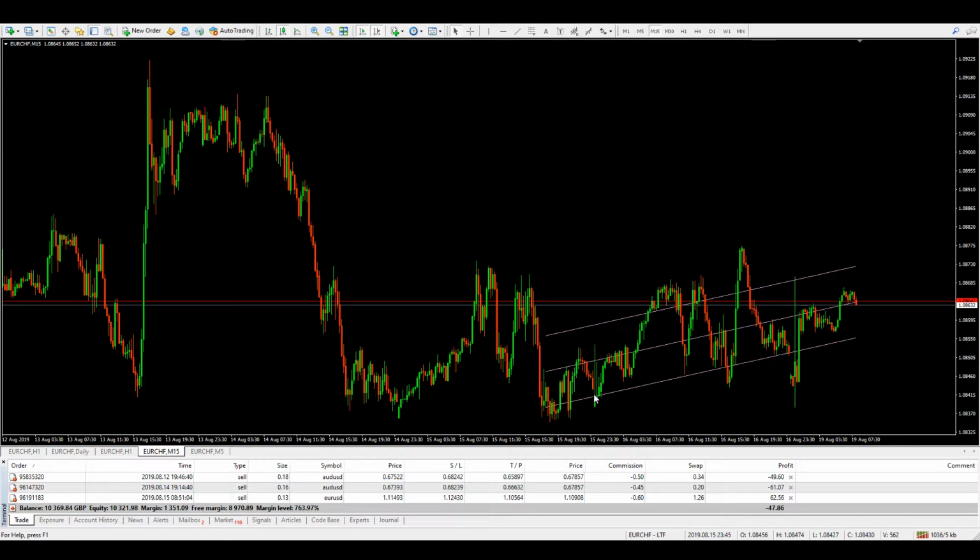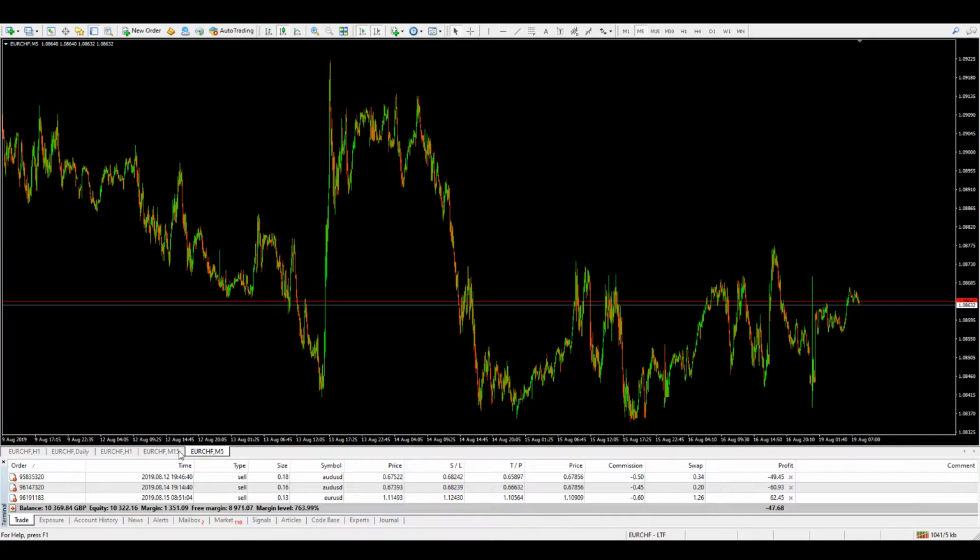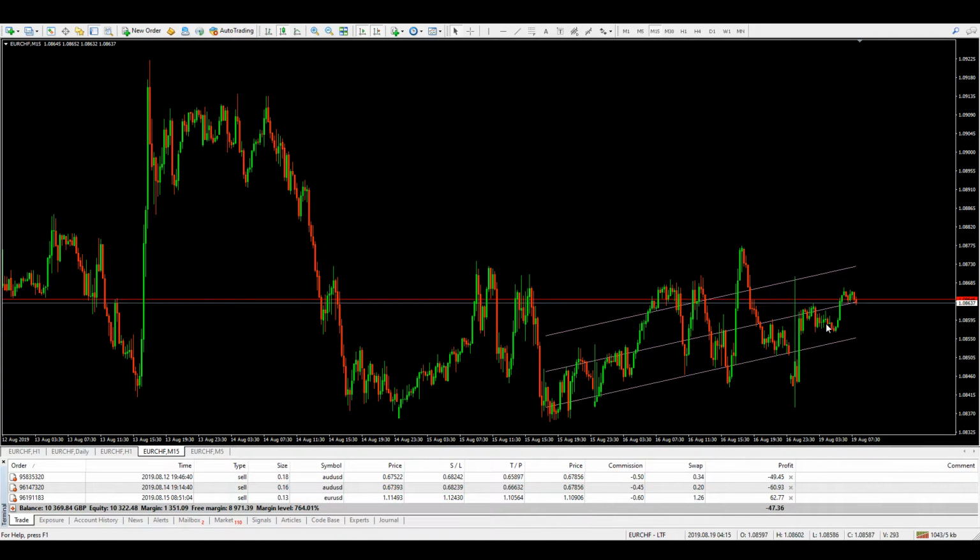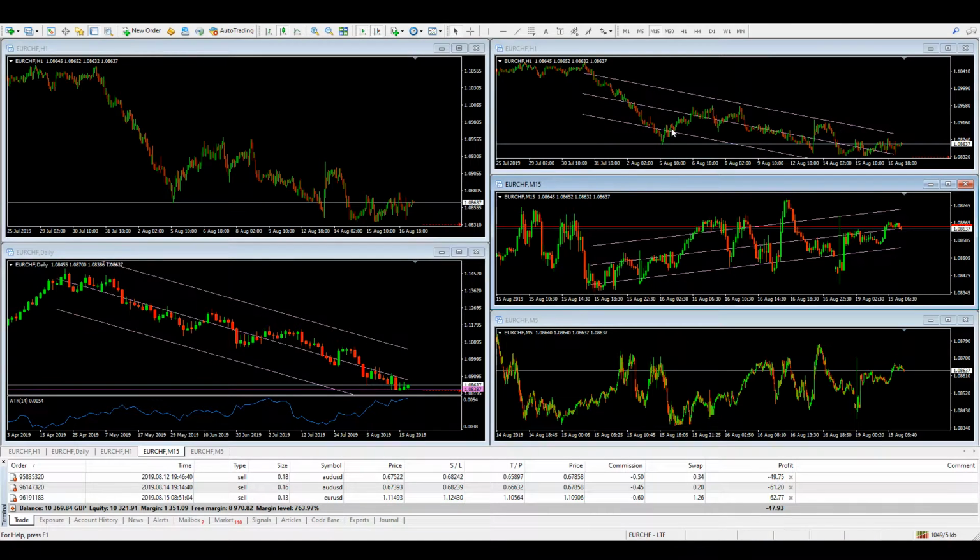So this is the 15-minute I'm looking at, and the reason I'm looking at the much lower time frames like the 15 and the 5 now is because you're trying to catch the move as early as possible, and each time frame is within another time frame, and if it's going to move, it's going to move in the lower time frames first of all.